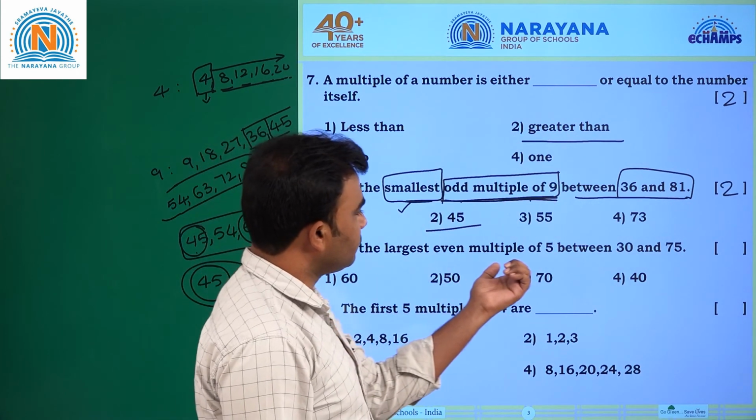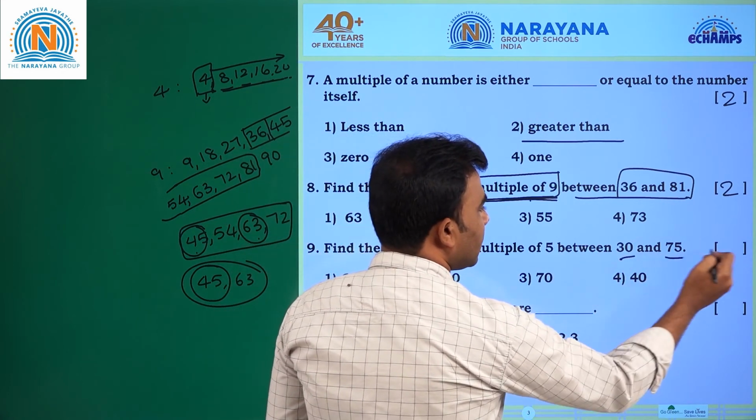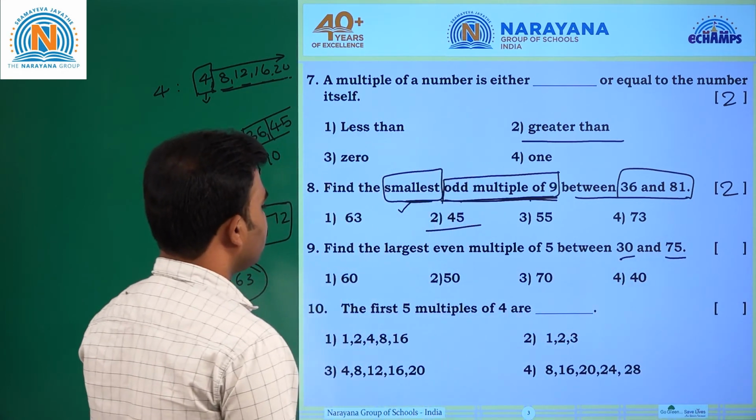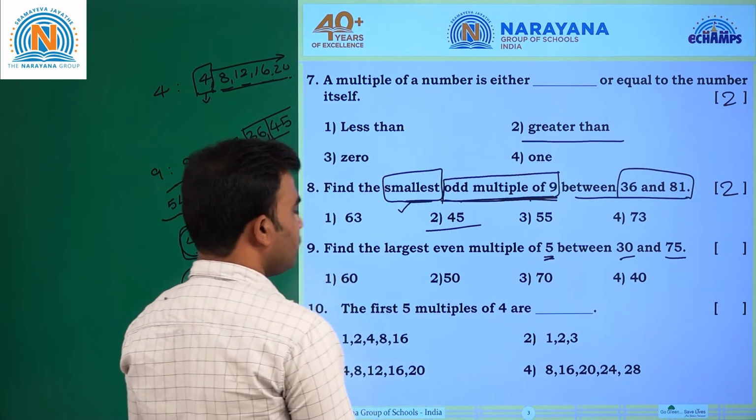Find the largest even multiple of 5 between 30 and 75. Same, first we have to find the multiples of 5.